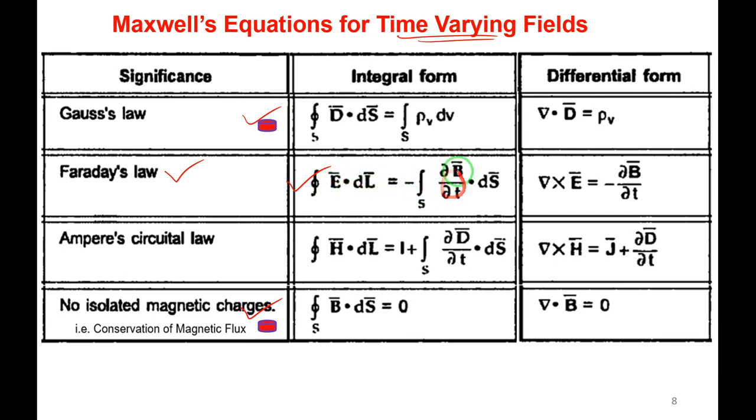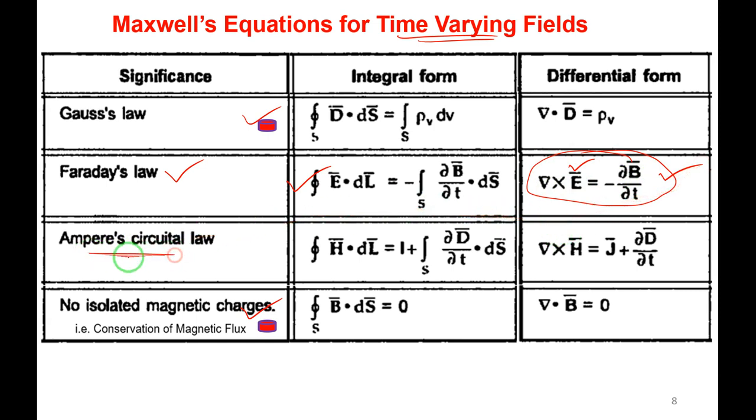So del cross E is equal to minus dou B by dou t. This we will try to prove later.